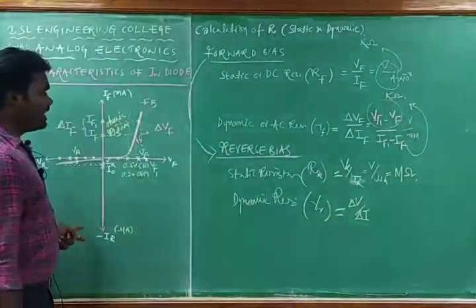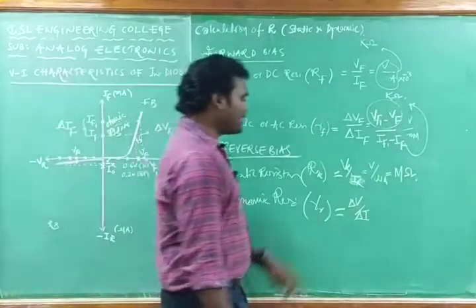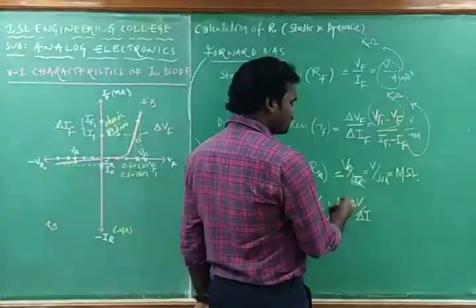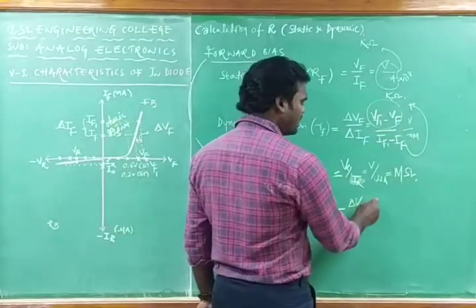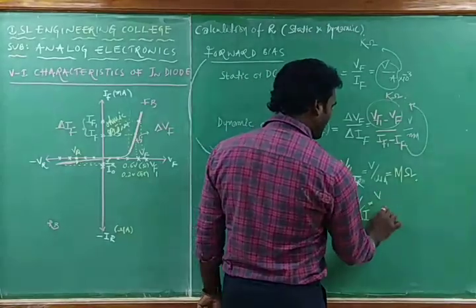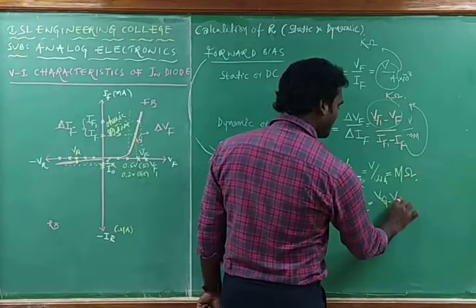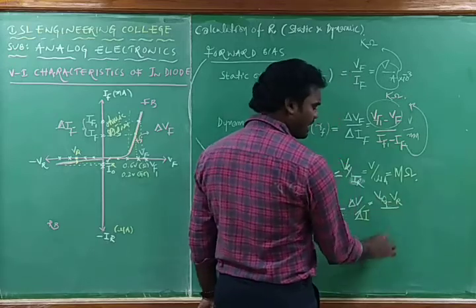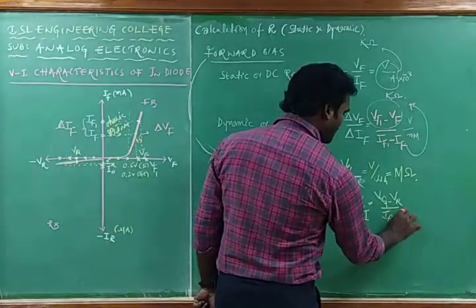Coming to the next one, the dynamic resistance. Dynamic resistance is the ratio of change in voltage to change in current. The change in voltage I can write as VR1 minus VR, and already we have defined VR. Next, IR1 minus IR.